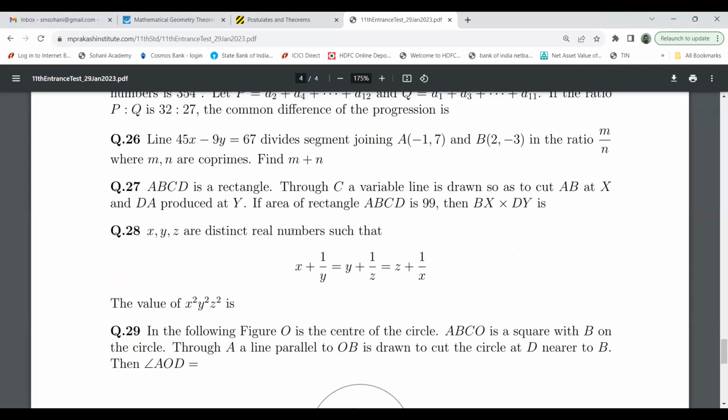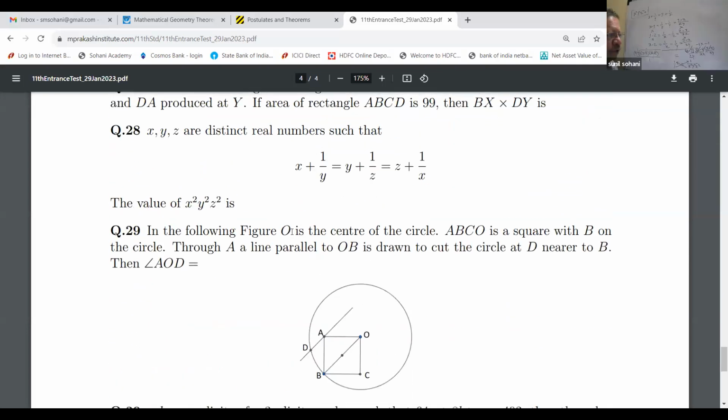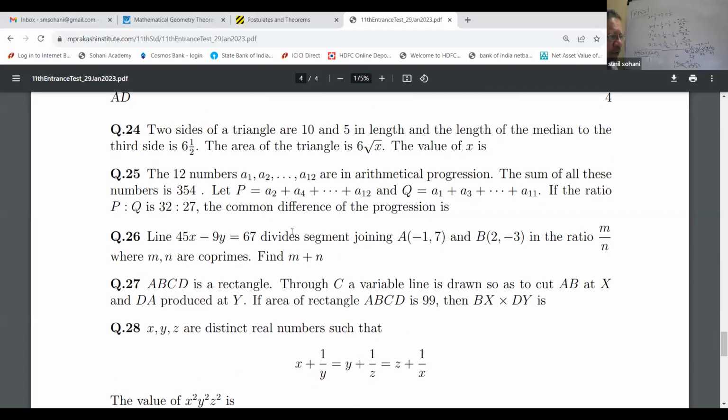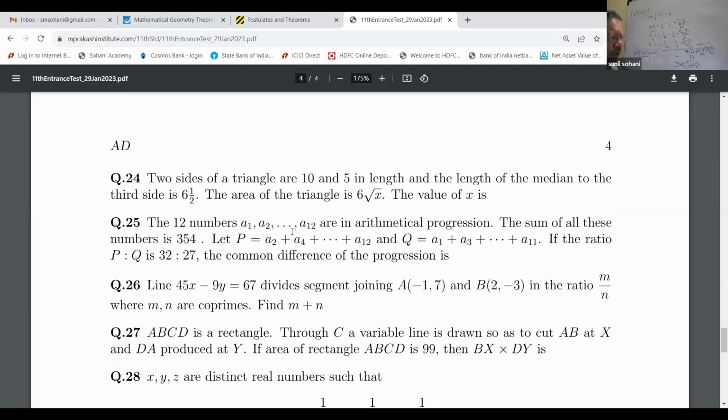So we finished 29, 28, 27. Let us go to question 26. Those who have finished writing can start thinking on question 26.